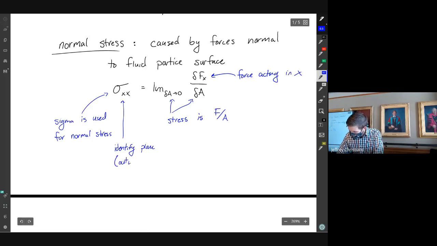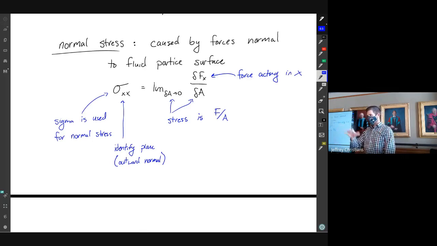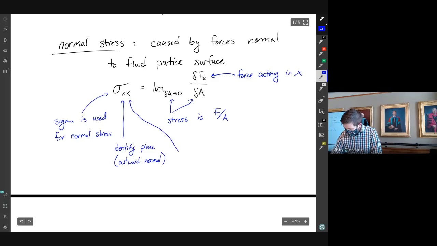That's the outward normal. Again, I'll draw this out in a second, and then we'll draw a picture of everything. Okay, and then this other x here is the direction of the force.